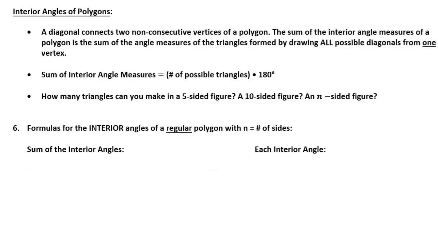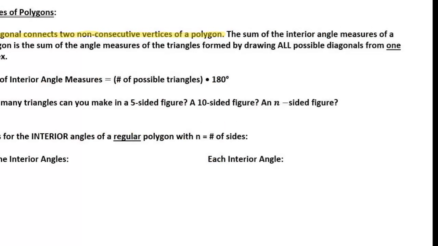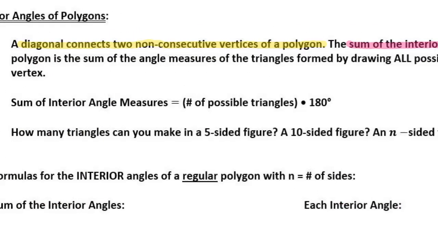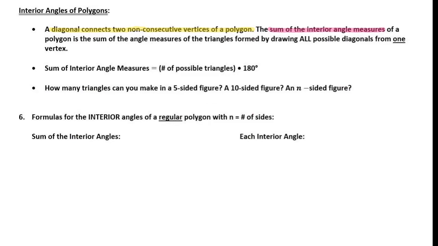A diagonal connects two non-consecutive vertices of a polygon. The sum of the interior angles of a polygon is the sum of the angle measures of the triangles formed by drawing all possible diagonals from one vertex.